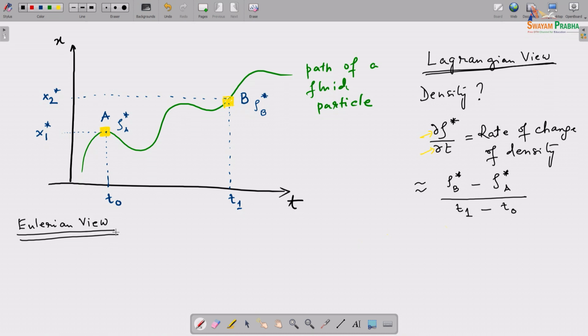The Eulerian view comes from the fluid as a continuum concept. We are looking at several particles in a large domain, where the size of the domain is decided such that I can sum up the physical property we are looking at, in this case density, and take an average value of that.